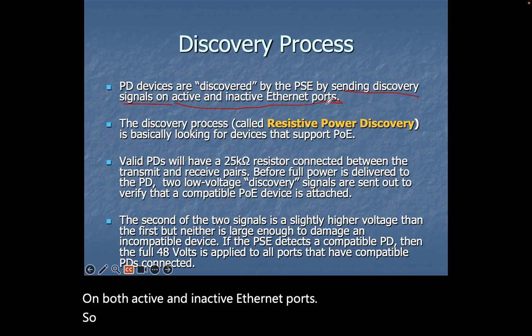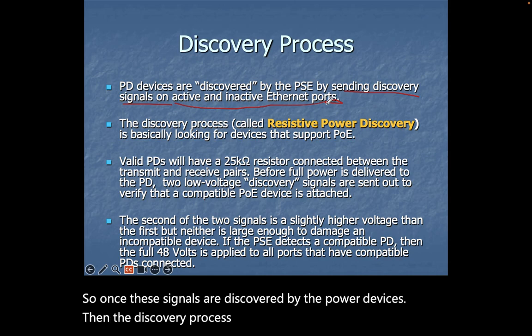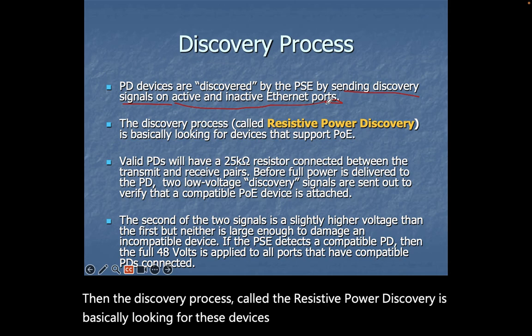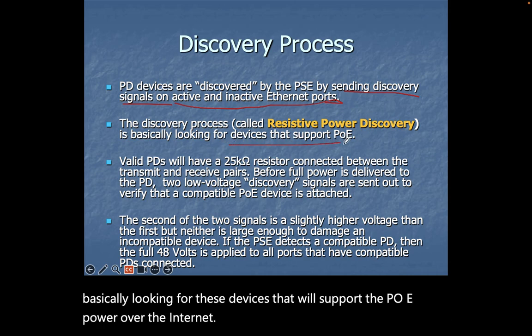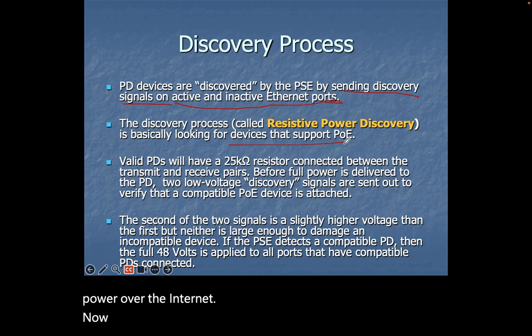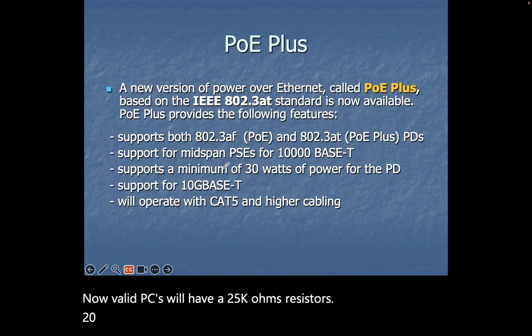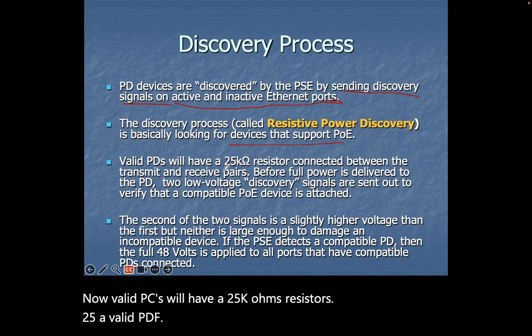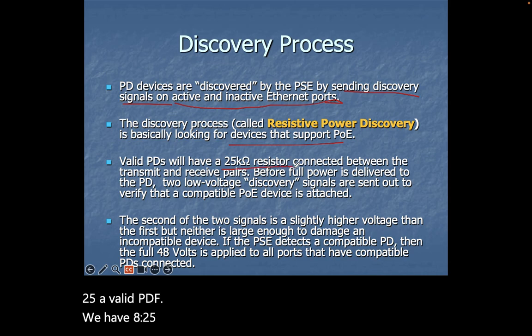Once these signals are received by the powered devices, the discovery process, called resistive power discovery, is basically looking for devices that will support PoE, Power over Ethernet. Valid PDs will have a 25 kilo ohm resistor connected between the transmit and the receive pairs.